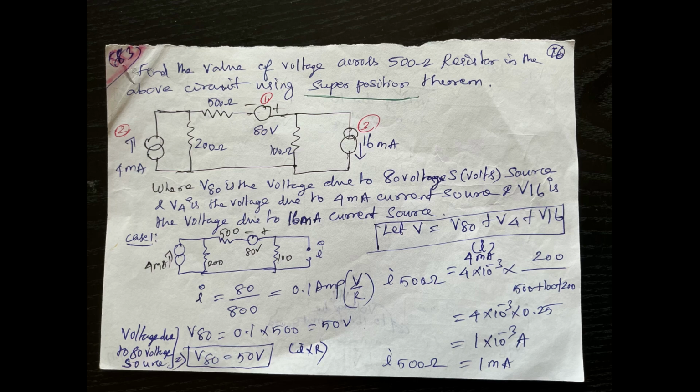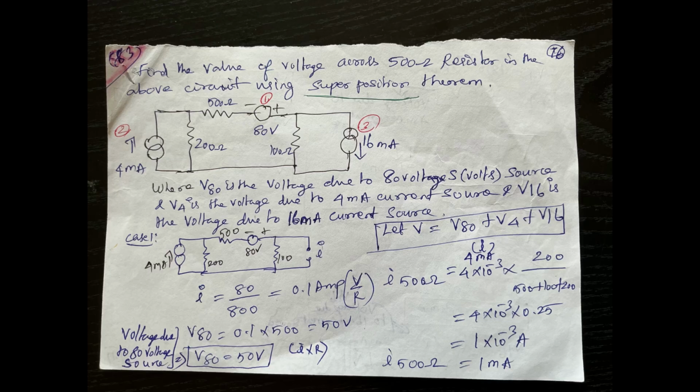Case 1: voltage sources are short circuited, current sources are open circuited. I already explained. So the 16 milliampere current source is open circuited in case 1 shown in the circuit. It consists of the 4 milliampere source only and the 80 volt source only.